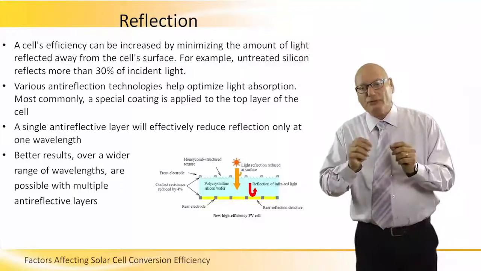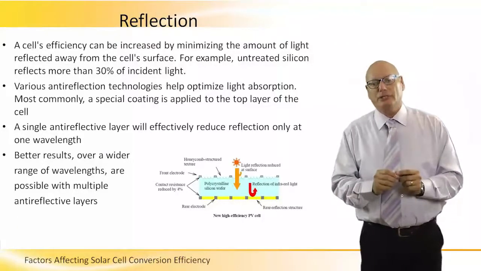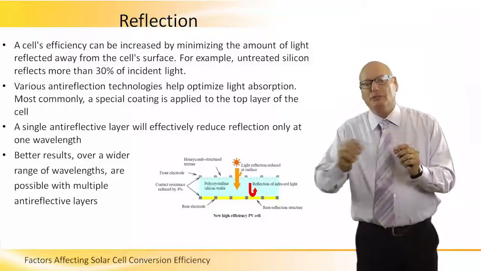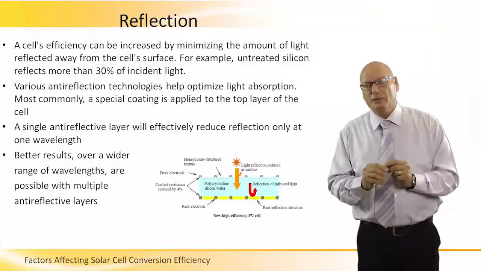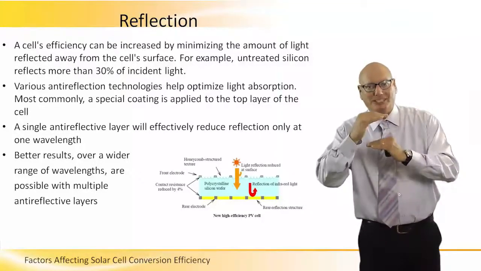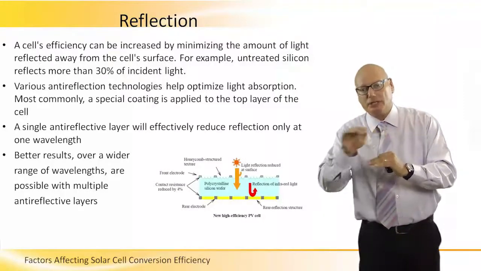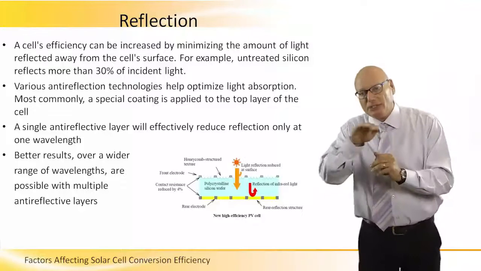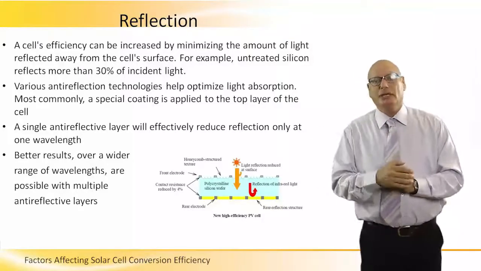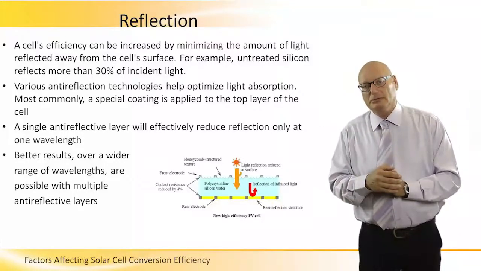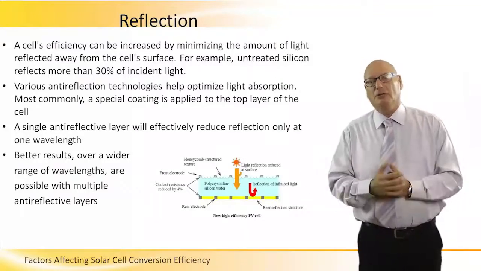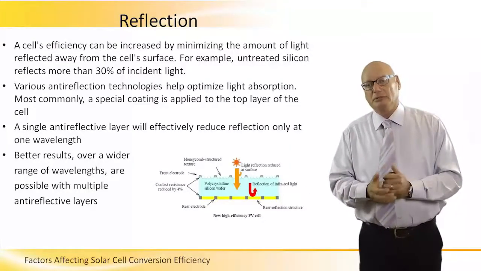Better results over a wider range of wavelengths are possible with multiple anti-reflective layers, but that means I have to have a cell of N, P, N, P, N, P with several layers, and each of them will have an anti-reflective layer in between. But I'll get higher energy at the end.